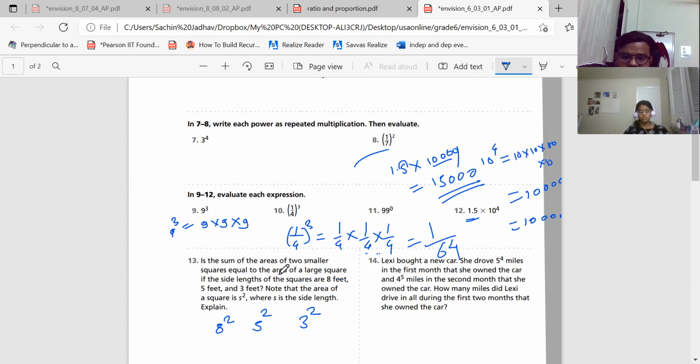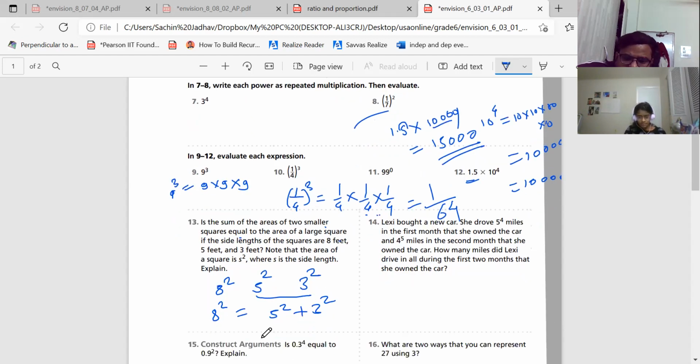Now, is the sum of the areas of the two smaller squares equal to the area of the larger square? The larger square area is 8 squared, and the two smaller ones are 5 squared plus 3 squared. You can cross check it. 5 squared is 25 and 3 squared is what?